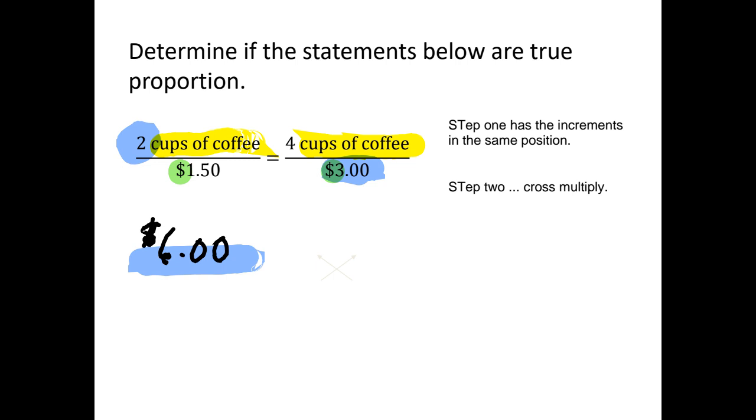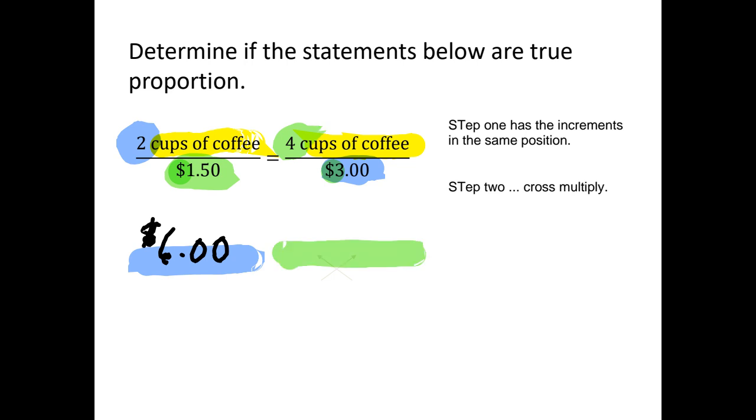Now, I'm taking this 4 and I'm multiplying it by $1.50 and I'm putting it here.